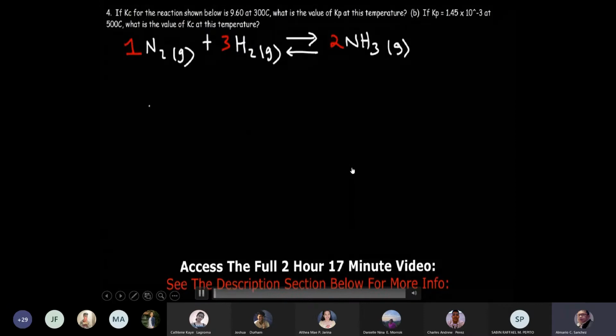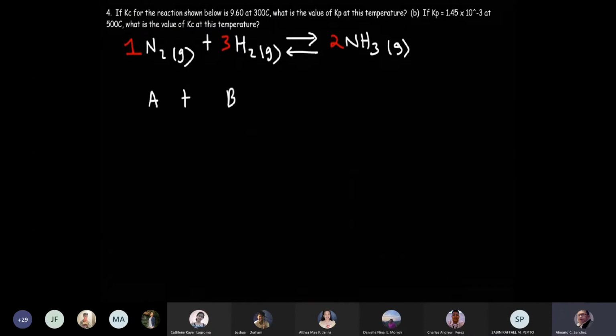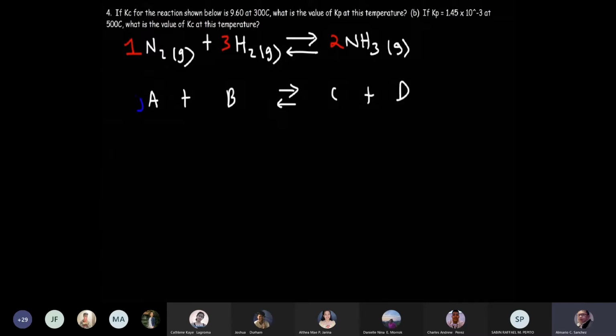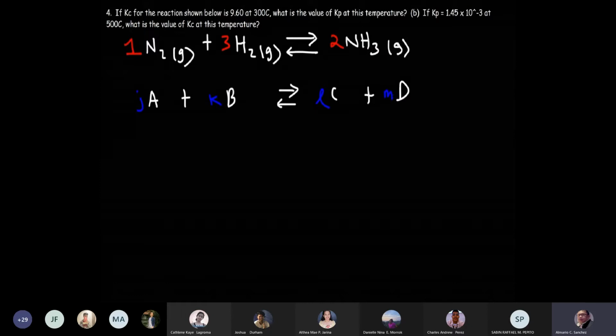So let's say we have a generic reaction, A plus B turns into C plus D, and we're going to have our generic coefficients, J, K, L, and M. Let's write the equilibrium partial pressure expression for this reaction.